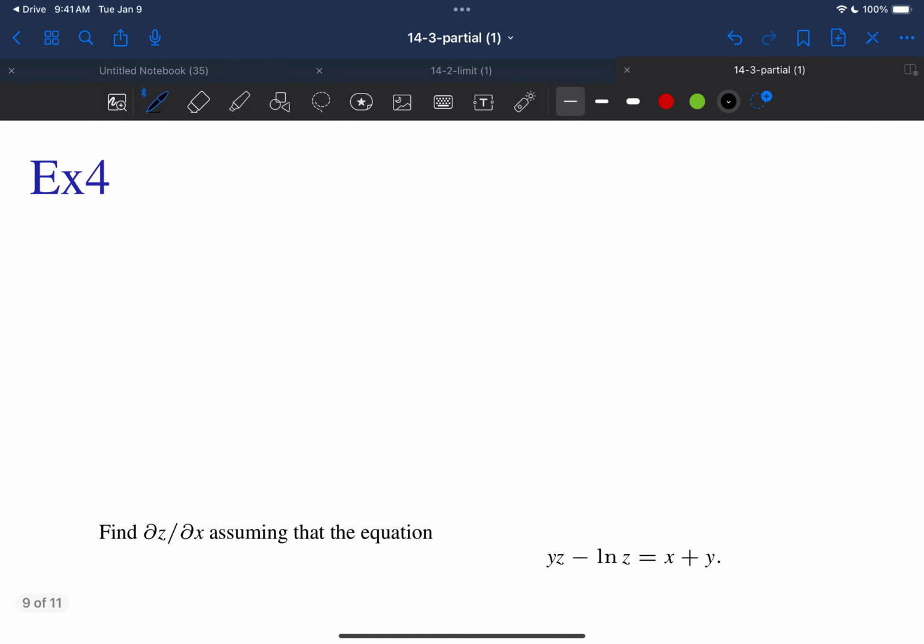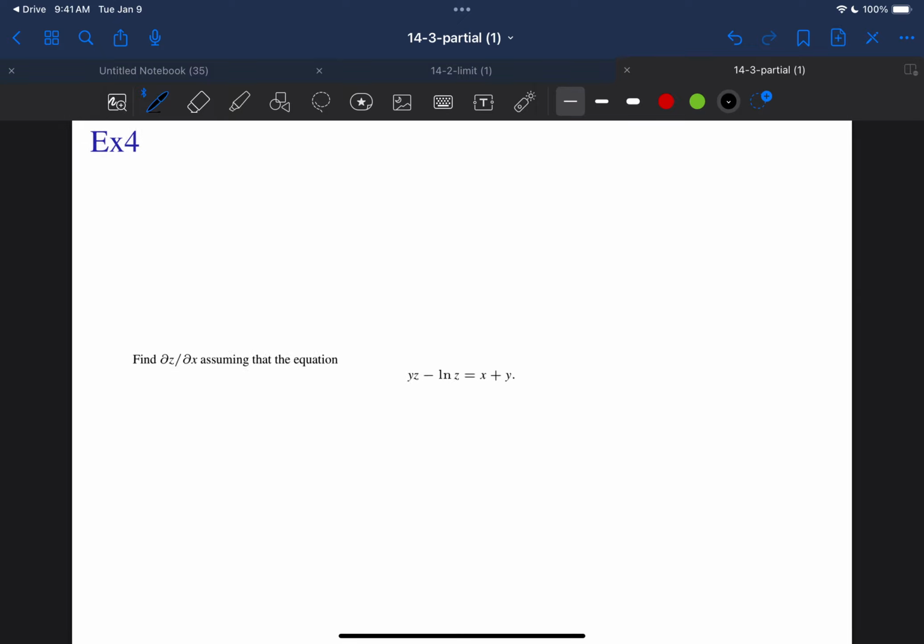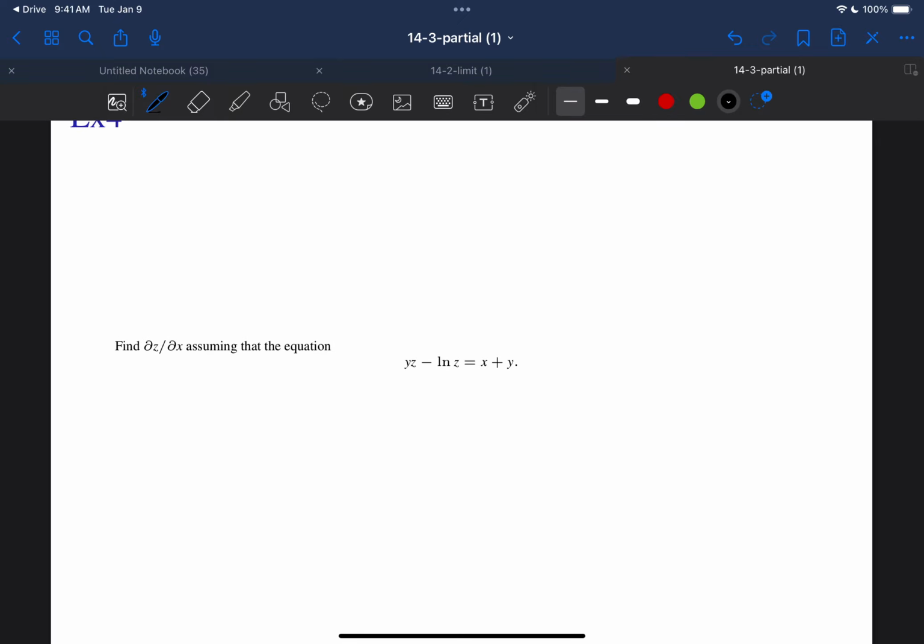Okay. Now, exercise example 4. We want to find the partial derivative of z with respect to x, assuming this equation. Usually a function is given by z equals z of x, y, or you can write this as z is a formula f of x, y, something like this.